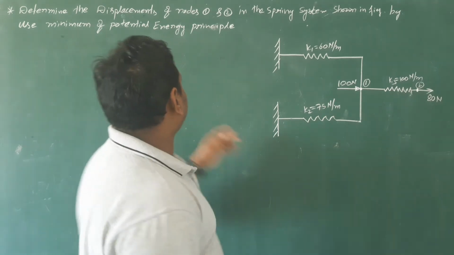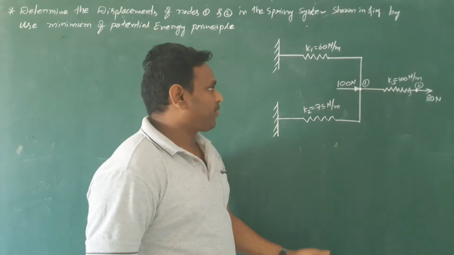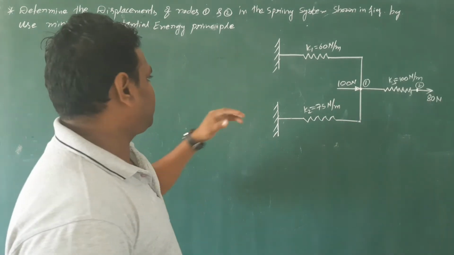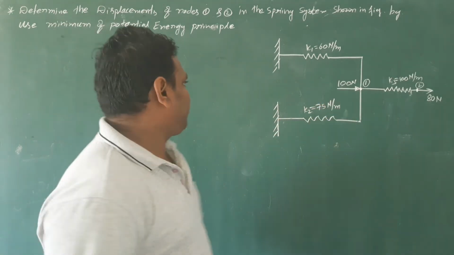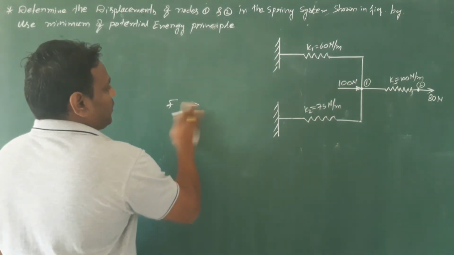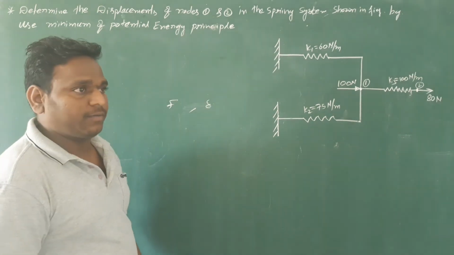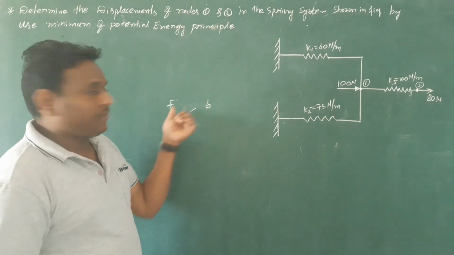He is asking us what the displacement is. The relation between the force and deflection is very important from the subject point of view. If force increases, deflection also increases.